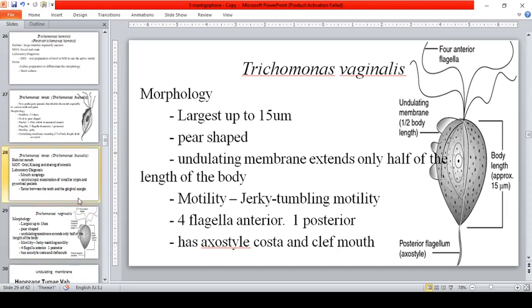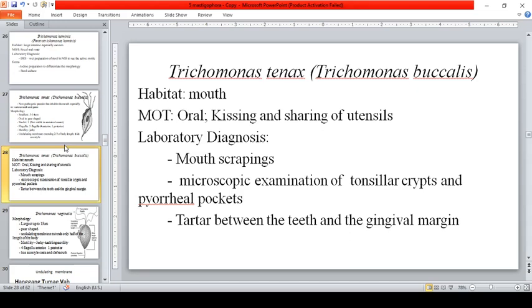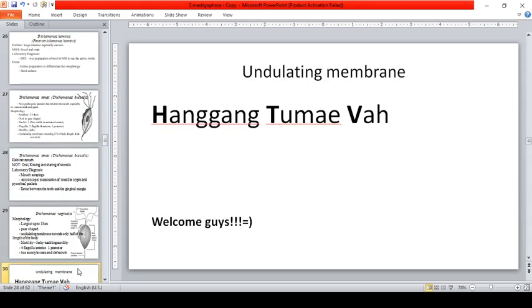Okay, so, how can you easily remember yung undulating membrane? Na pinakamahaba si hominis, susunod si tenax, and pinakamaliit yung undulating membrane ni vaginalis. So, meron na naman ako nagawang mnemonics para dyan. Okay? So, hanggang tumaeva. Okay?